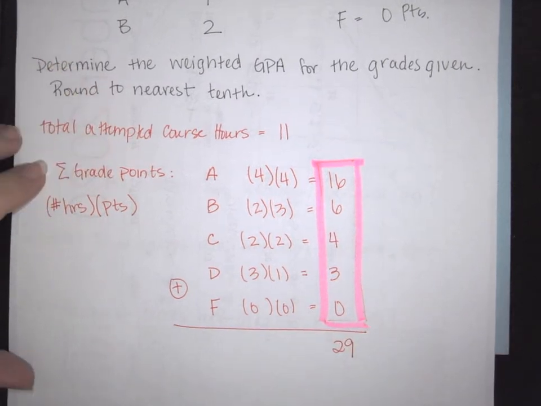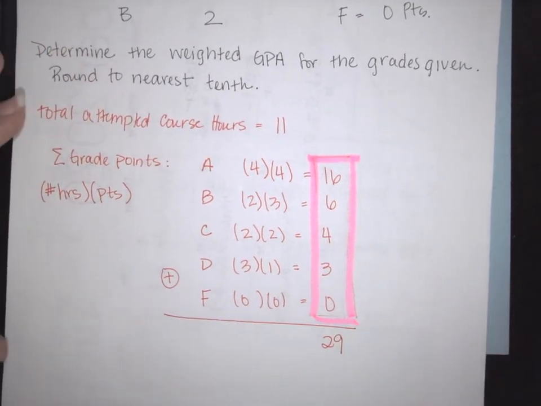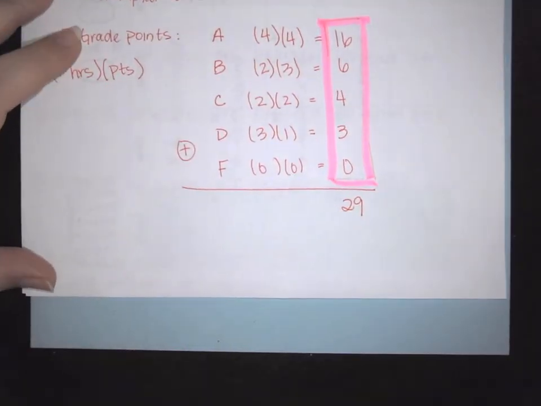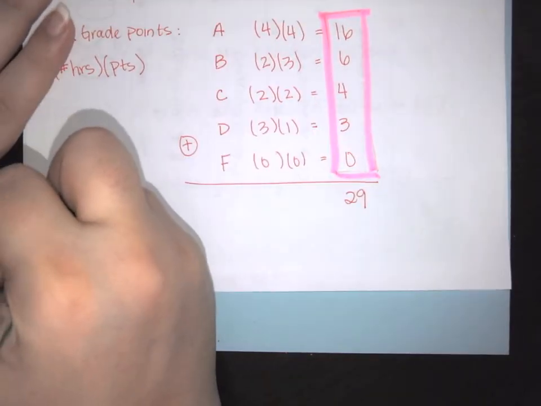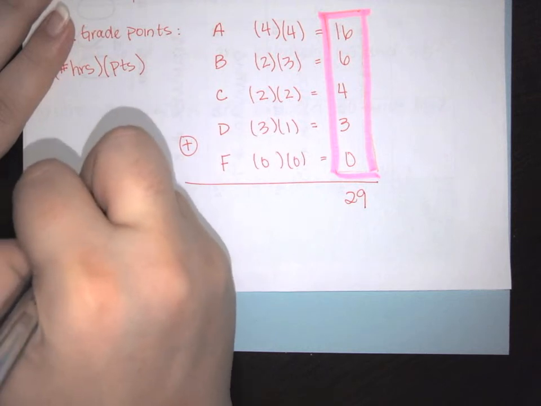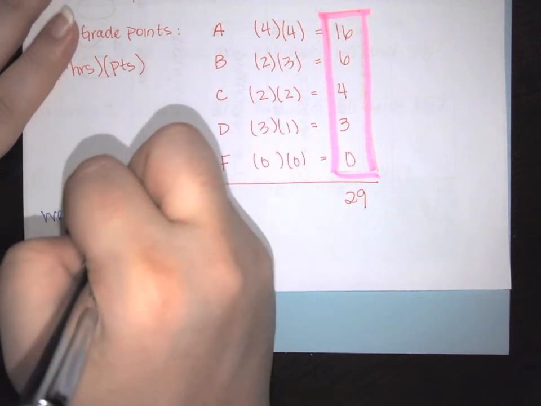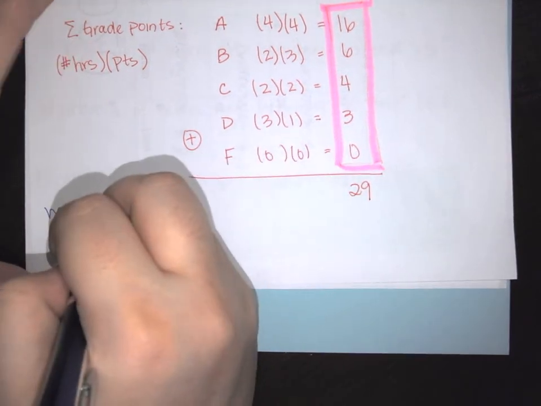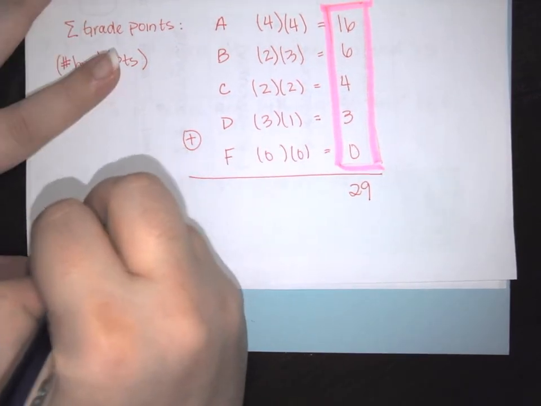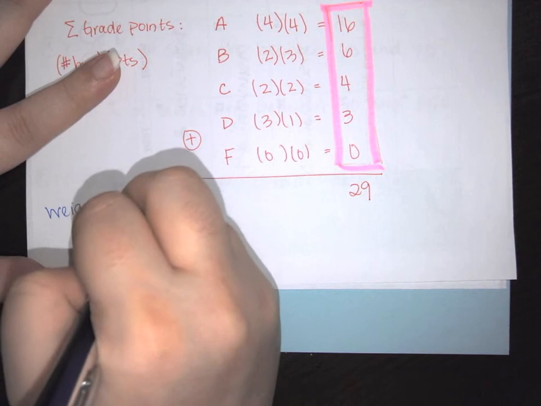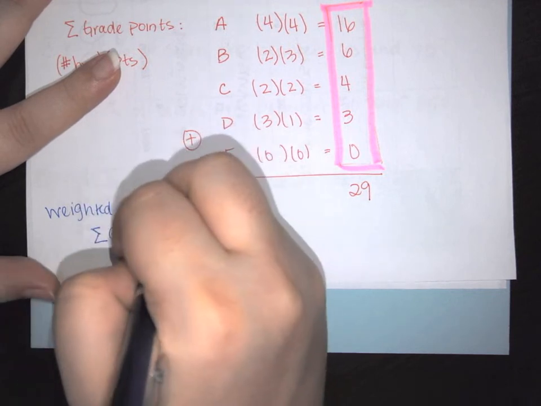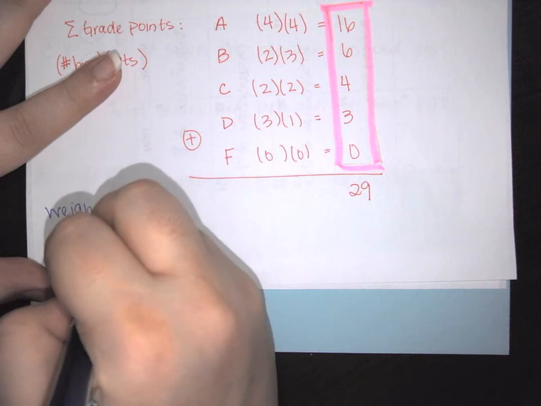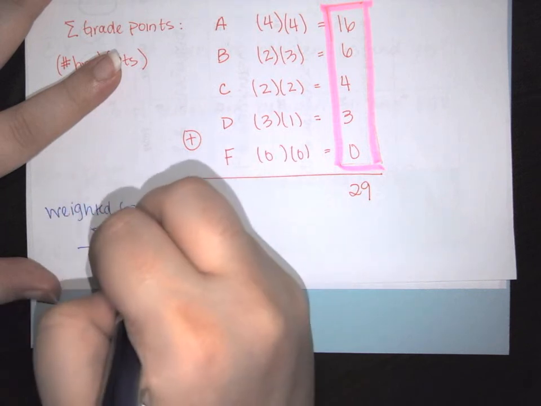Now that number is important because in order to find your weighted mean, or your weighted GPA, you are going to take the sum of your grade points and divide that by the hours attempted.